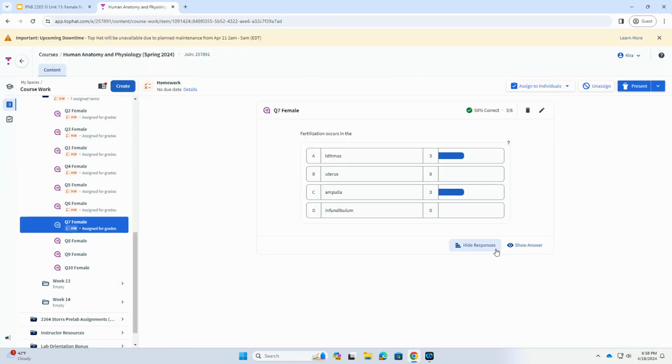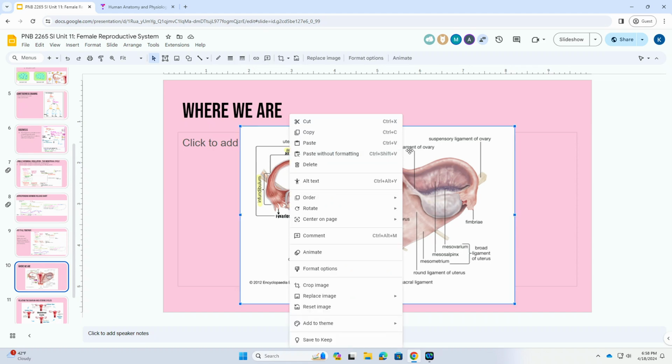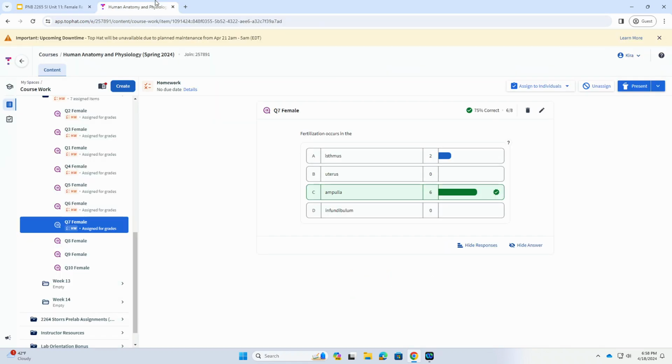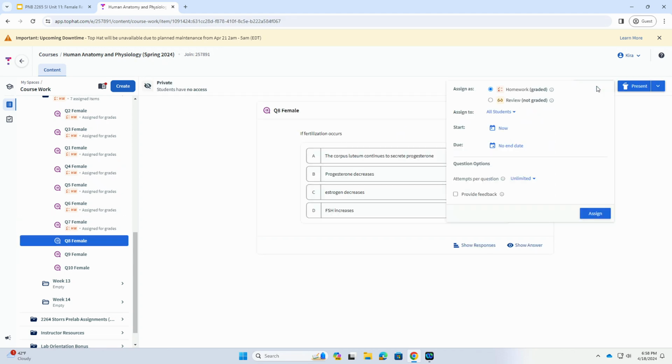Okay, since we only have a little bit of time left, the correct answer is the ampulla. That's this region right here. Fertilization occurs in the ampulla. So I guess that's just an extra thing.